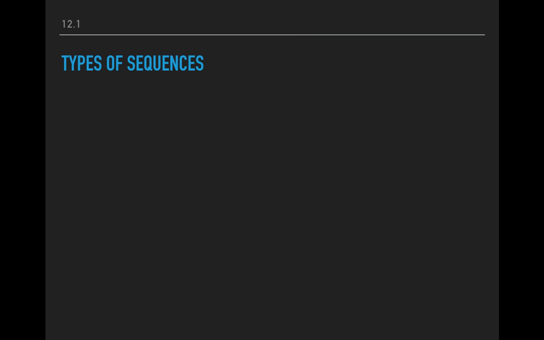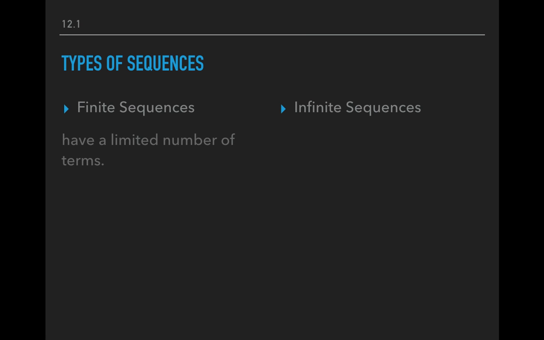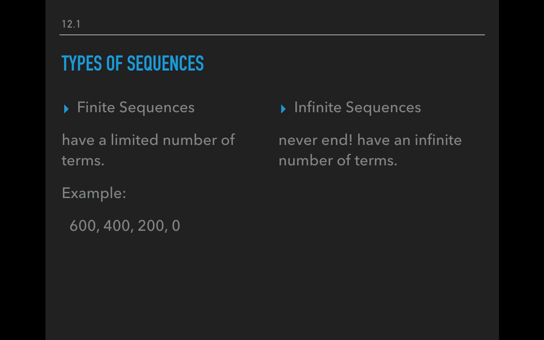Now we have two types of sequences. They can be finite or infinite. What does that mean? Well, kind of intuitive here. Finite, limited number of terms, whereas infinite will never end. It will have an infinite number of terms. An example of a finite sequence would be something like this: 600, 400, 200, 0.